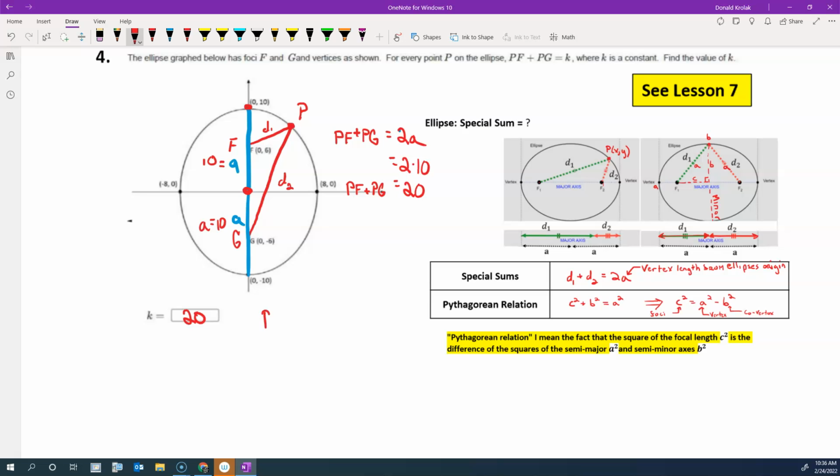So when you add these guys up, that's going to equal the distance between the vertices.